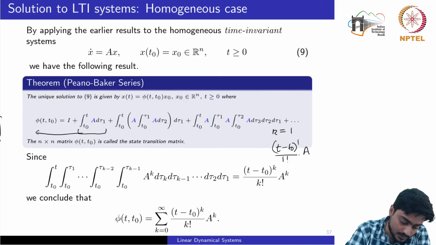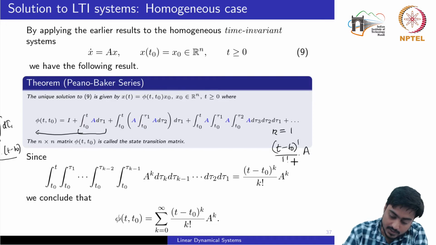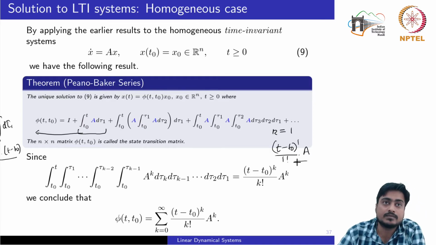It would be the integral from t naught to t of d tau 1, and this one is basically given by t minus t naught. Just for better visualization, you can also consider k is equal to 2, k is equal to 3, to understand that the solution of the kth term would be given by this one.